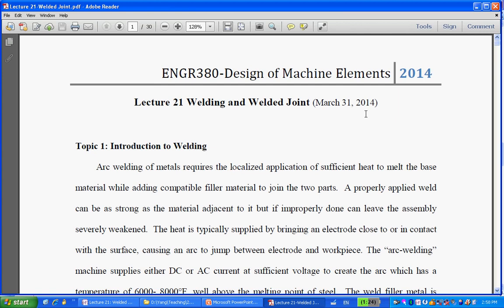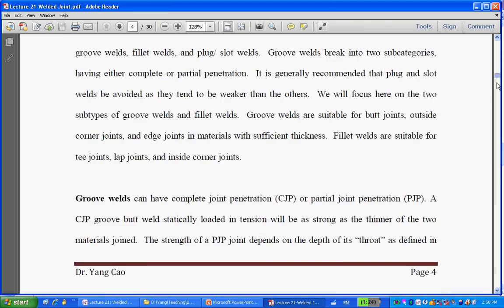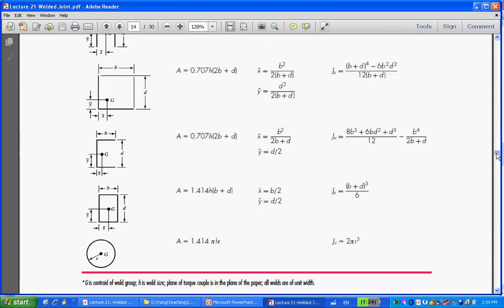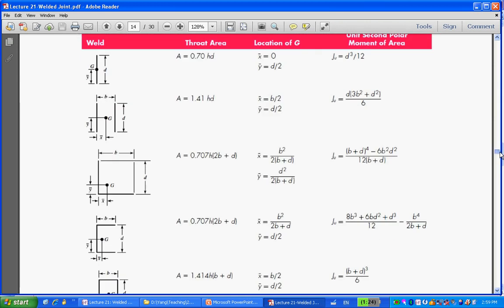It's table 9-1. So let me explain how you use the table.